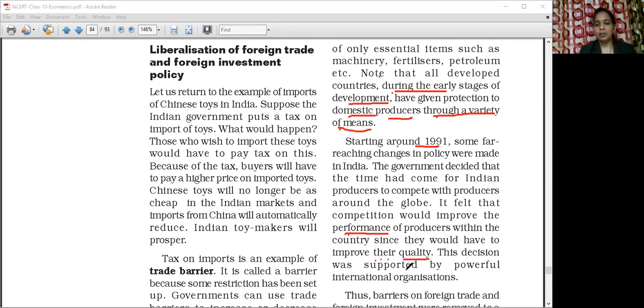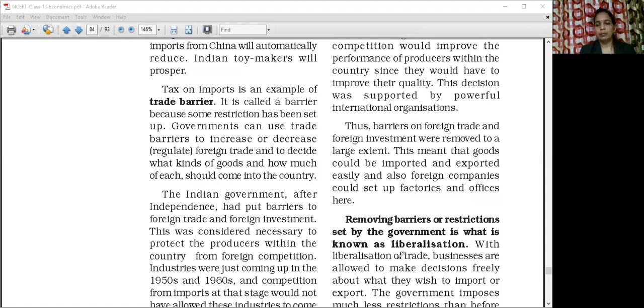The decision was supported by powerful international organizations. What is the decision? We will see here. Barriers to foreign trade and foreign investment were removed to a large extent.